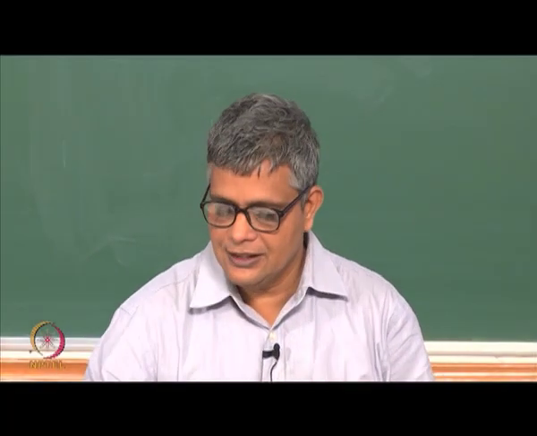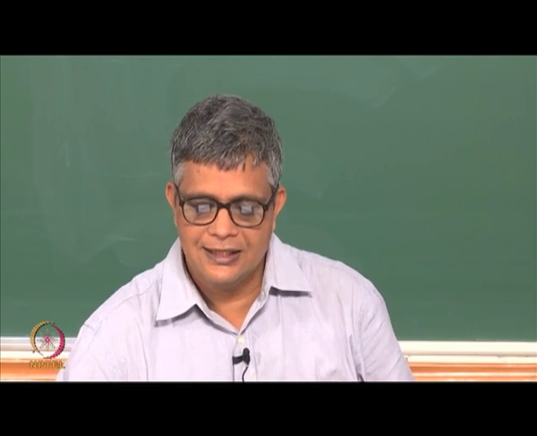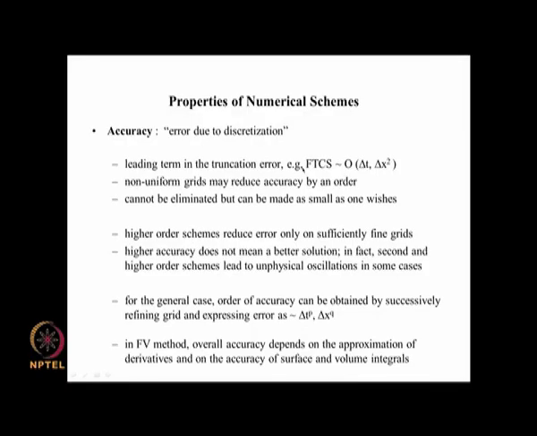For example, for the FTCS method, the leading term varies as delta t for the time derivative, and for the spatial derivative in the 1D case, the leading term varies as delta x square. So we have a first order in time and second order accurate in space approximation for the FTCS numerical scheme for that particular 1D wave equation.